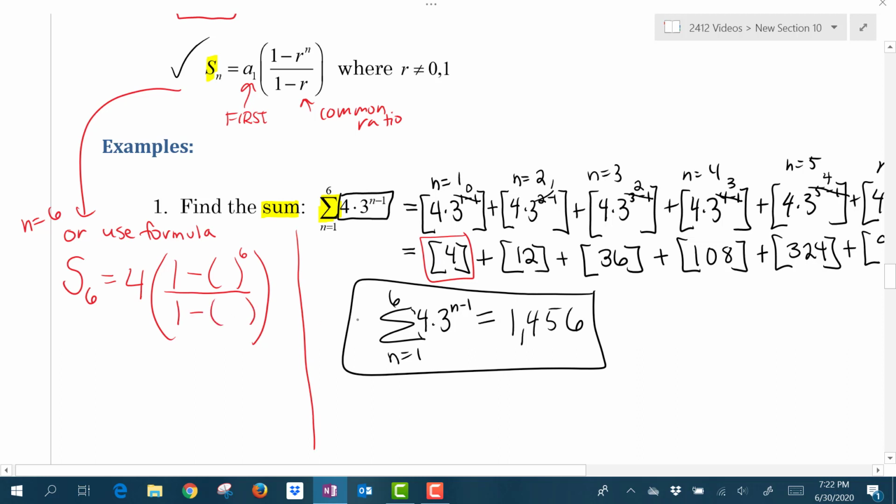Now what is the r value? Well, now that we have the terms of the sequence, what do we need to multiply by 4 to get to 12? And then from 12 to get to 36, and then from 36 to get to 108. I think that looks like it's a pretty clear 3. So we multiply by a positive 3. So we'll put 3 here and here.